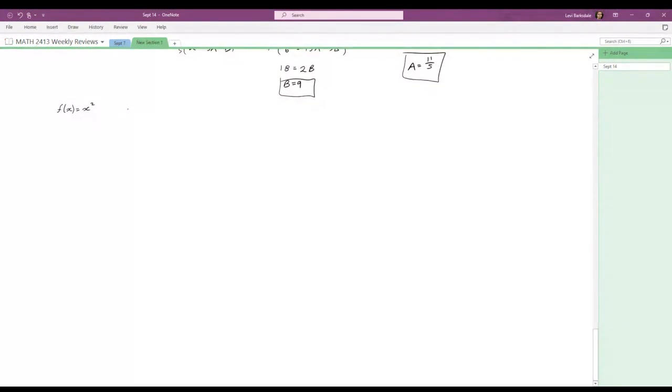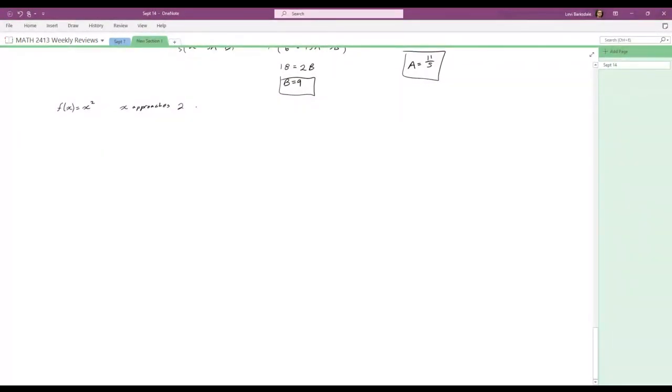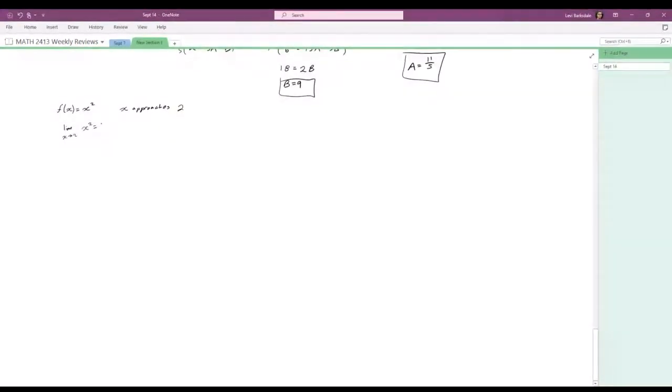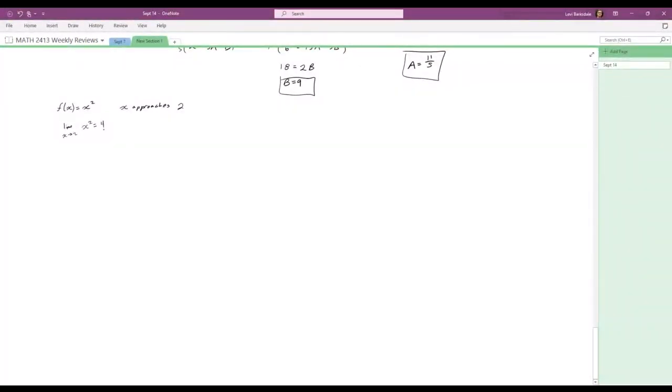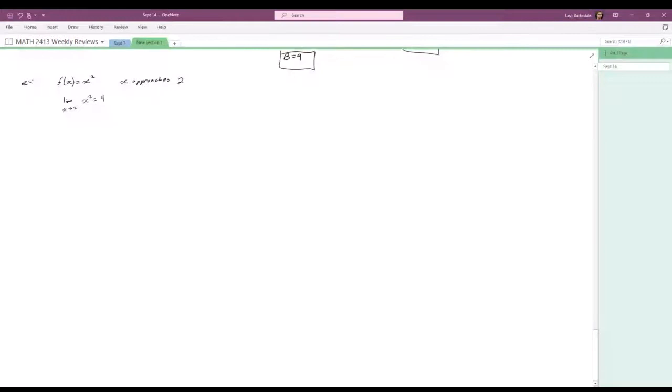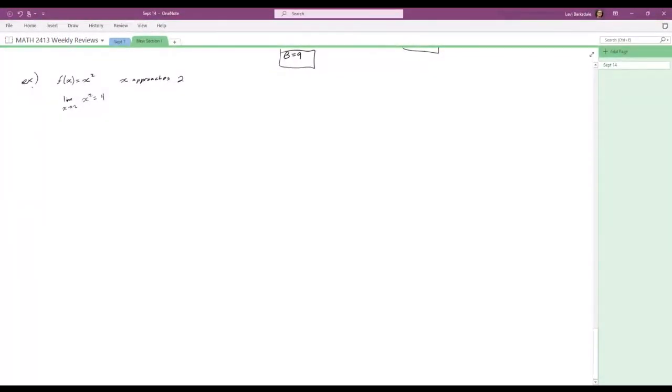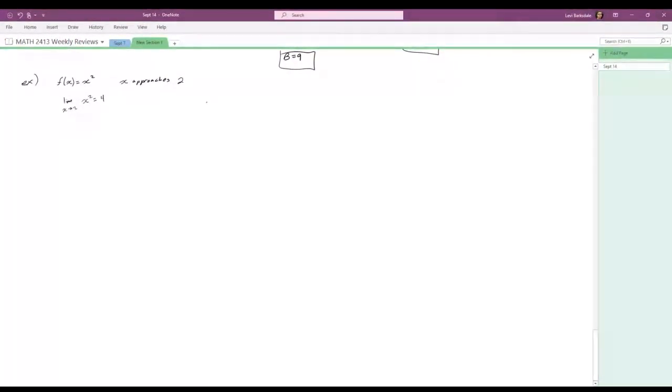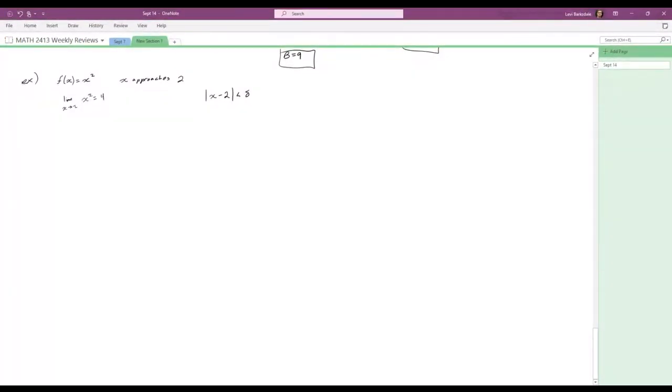And we're interested in the limit as x approaches 2. Why not? Okay, so as x approaches 2, well, we can know just by plugging in 2. The limit as x goes to 2 of x squared is equal to 4. So if I were to write my epsilon delta, or my two inequalities, the first one would be absolute value of x minus 2 has to be smaller than delta.